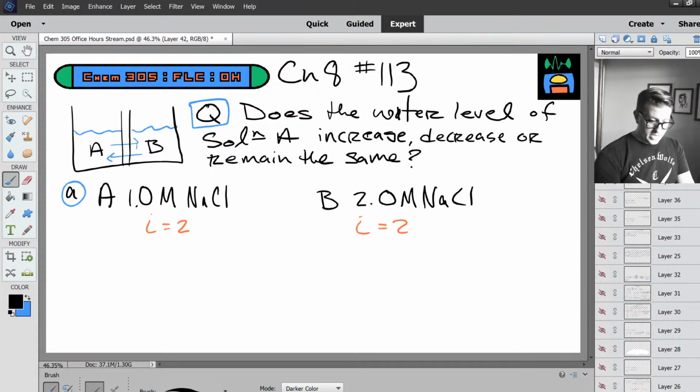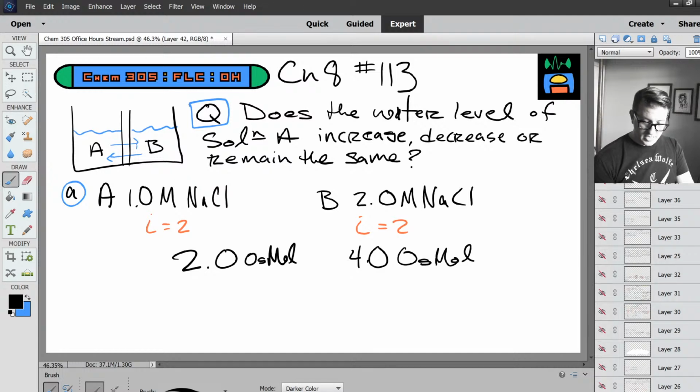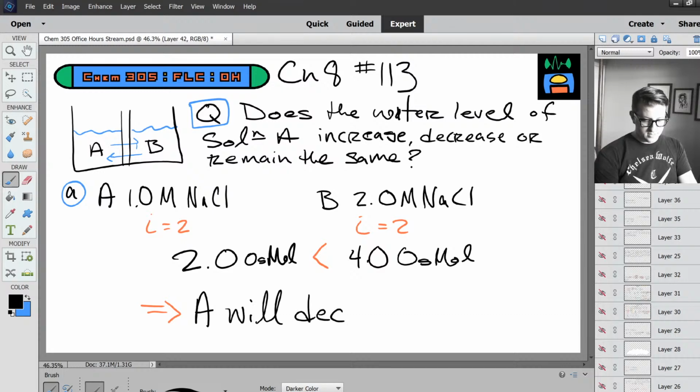So we have 2.0 osmolarity compared to 4.0 osmolarity. Here A has a lower osmotic pressure than B. That means water is going to flow towards B, and A will decrease.